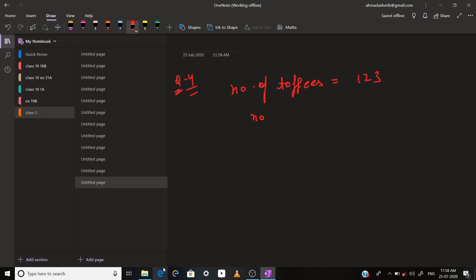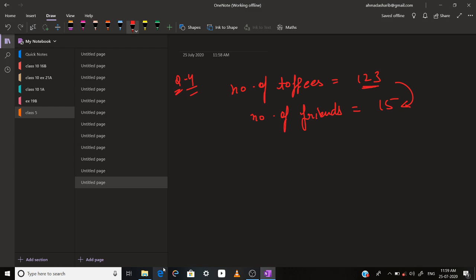The question is asking to use the rule of divisibility and check whether she will be able to do so. If she has 123 toffees and wants to distribute them among her 15 friends, is it possible to distribute the toffees equally?